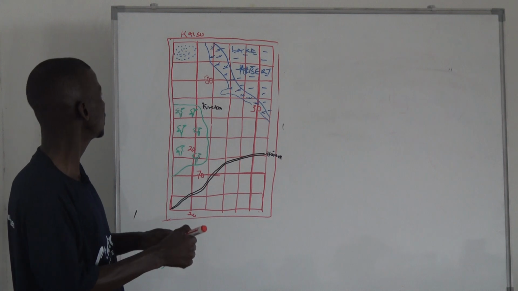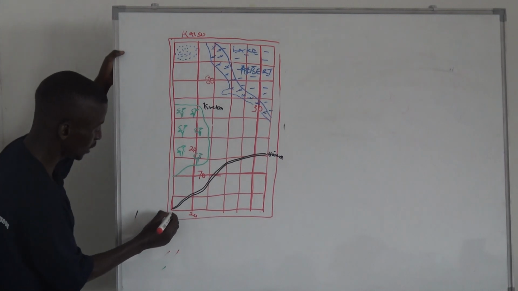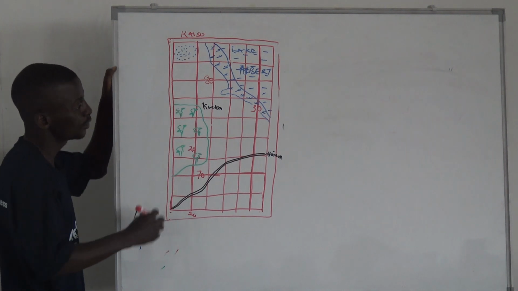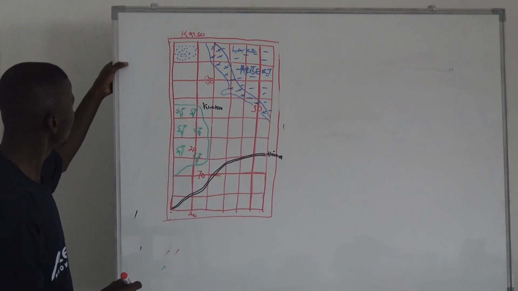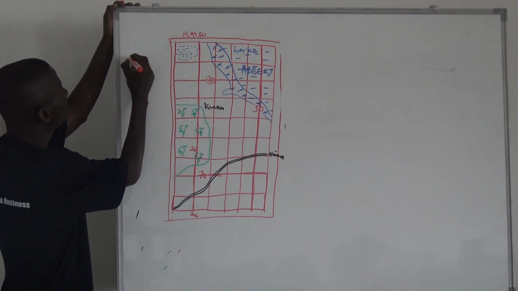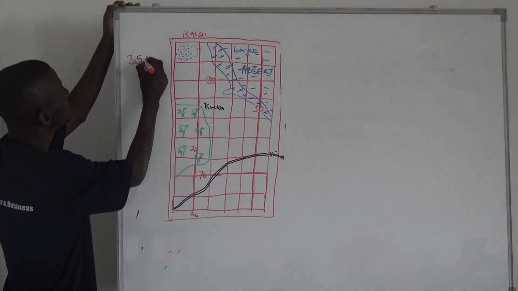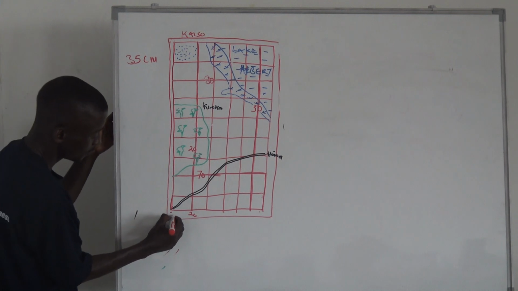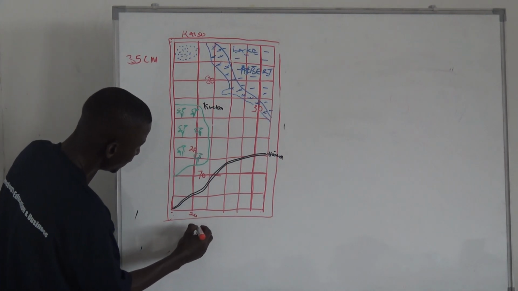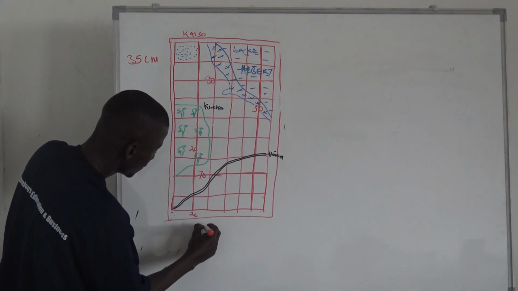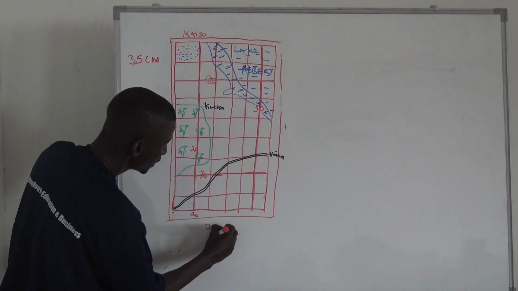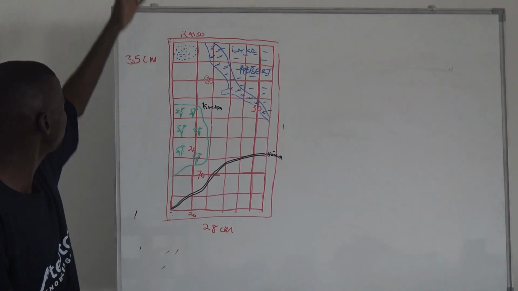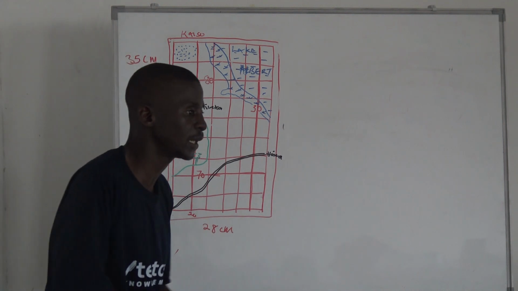We measure our map from here up to here. Let us take the length to be 35 centimeters, and from here to here the width is 28 centimeters.